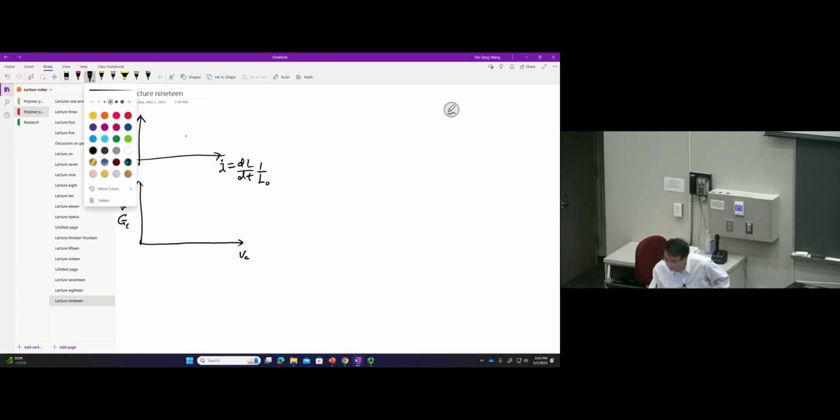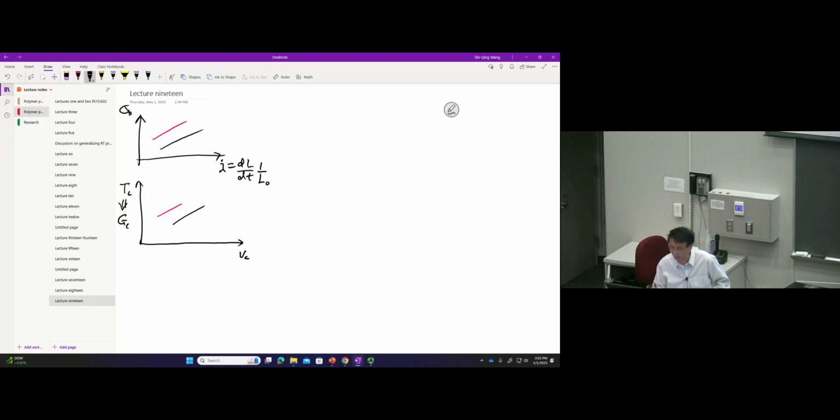You would have curves like that in each case. I'm not going to draw many because there are many, you saw them. And I just want to emphasize the point now.